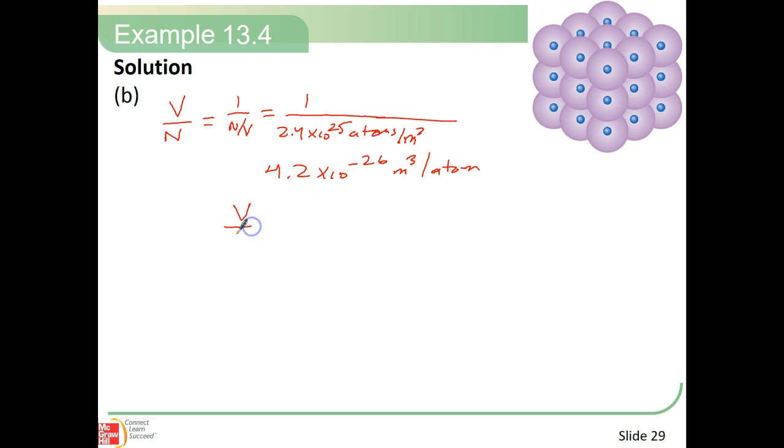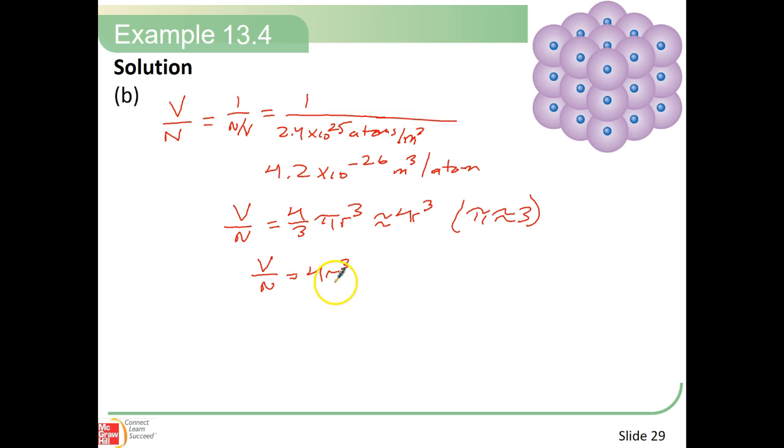We know that V over N is equal to 4/3 pi r cubed. And so that's approximately equal to 4r cubed, and that's because pi is really close to 3. I know it's a little bit further off than that, but we can make that assumption. So we've got V over N is equal to 4r cubed.